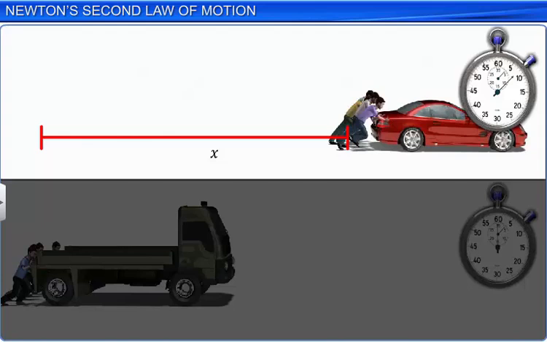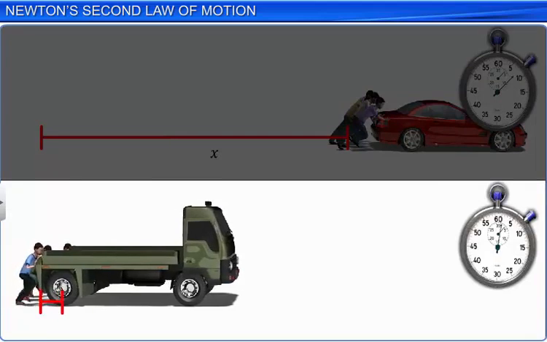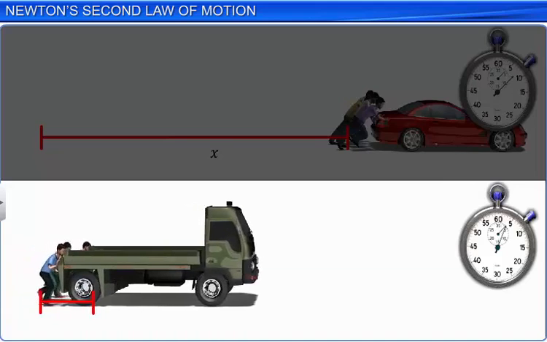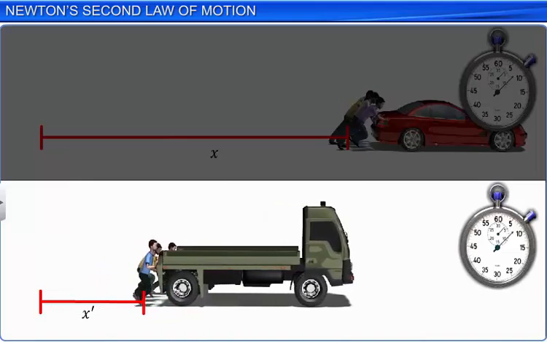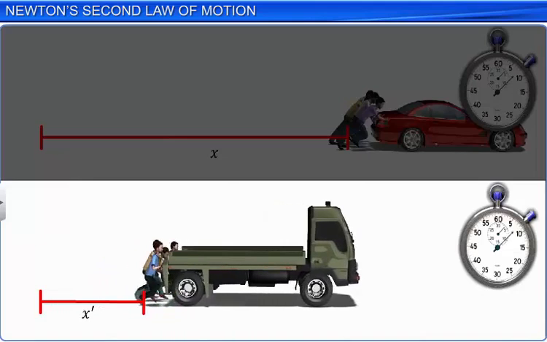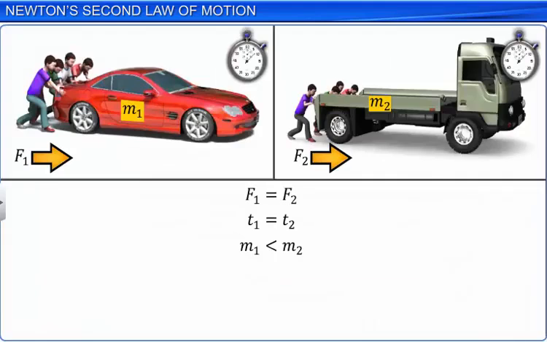A truck is at rest. The same 4 persons push the truck for the same length of time, at the end of which the truck moves with a velocity lesser than that of the car. However, the momentum acquired by the truck is the same as that acquired by the car. In these two activities, the force applied and the length of time for which the force is applied are the same.